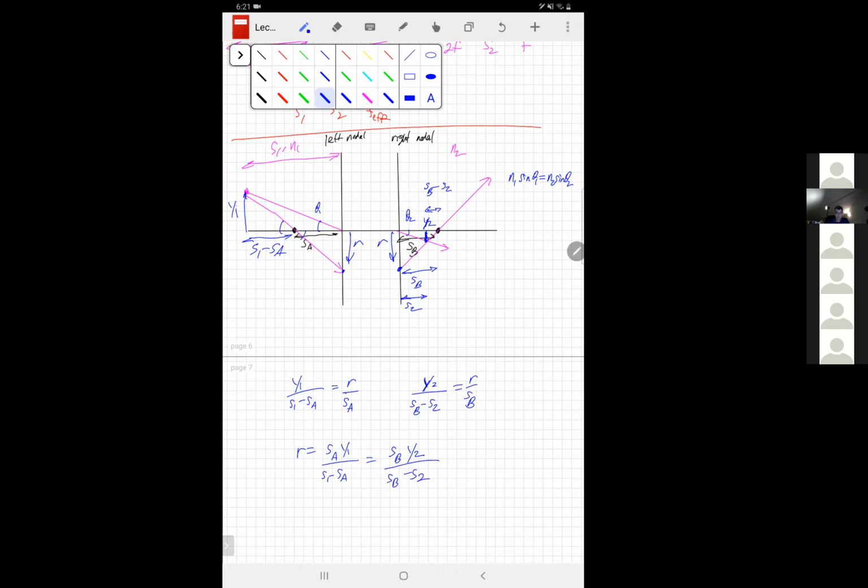Now it would look like we're almost done here, except that we've got this y1 and y2 to eliminate. Well, let's see here.